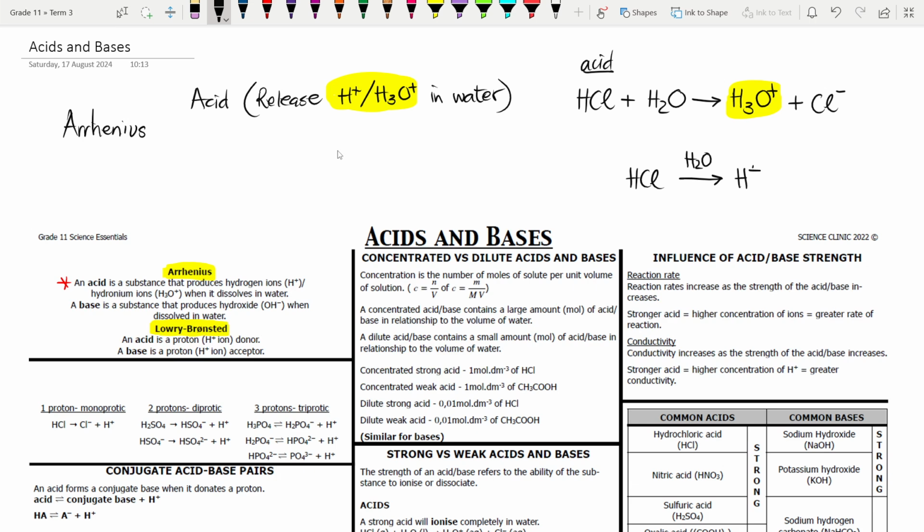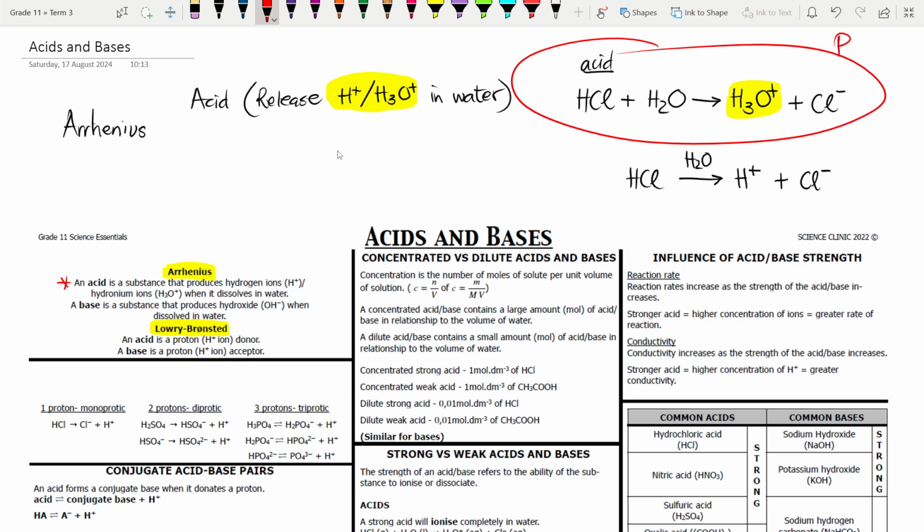To dissociate is to break into ions. This is the preferred method. If you are showing water as a reactant, then you have to show that the H plus is actually added to the H2O to make it H3O.